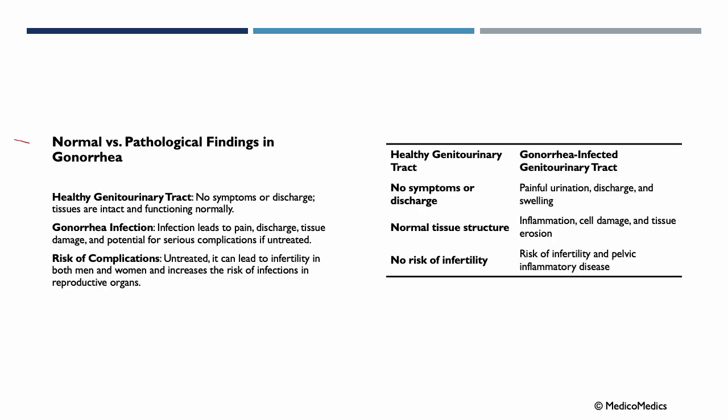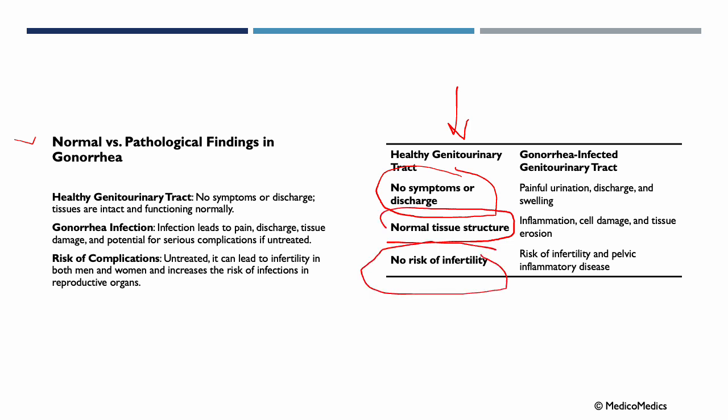So if we compare normal versus pathological findings in gonorrhea, what do we see? Well, if we look at a healthy genitourinary tract, there should be no symptoms or discharge. There should be a normal tissue structure, and there should be no risk of infertility.